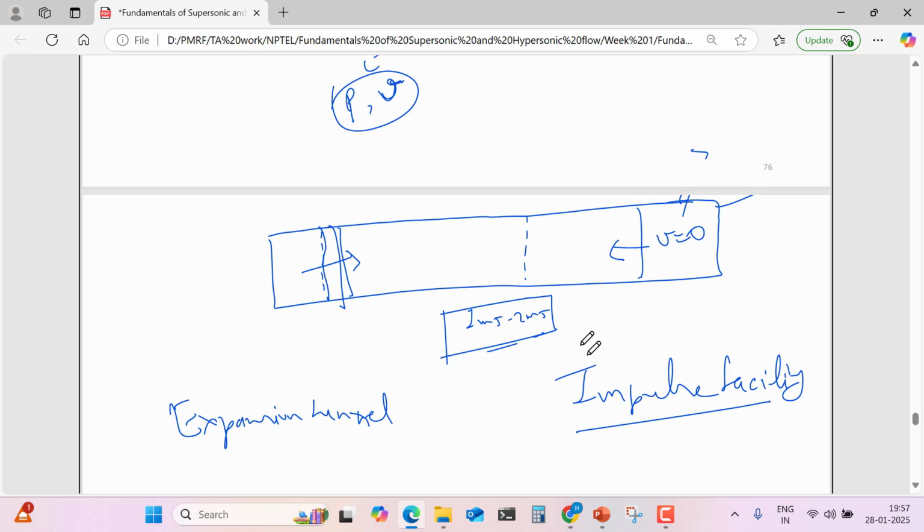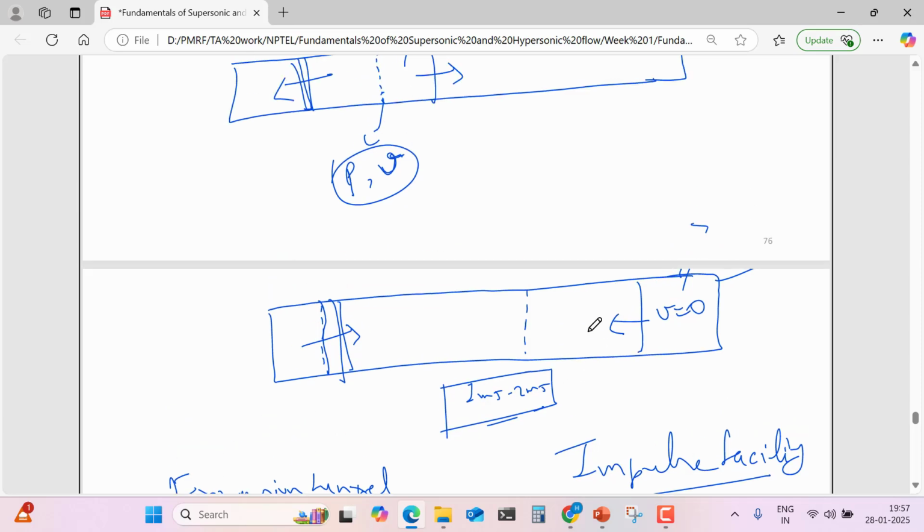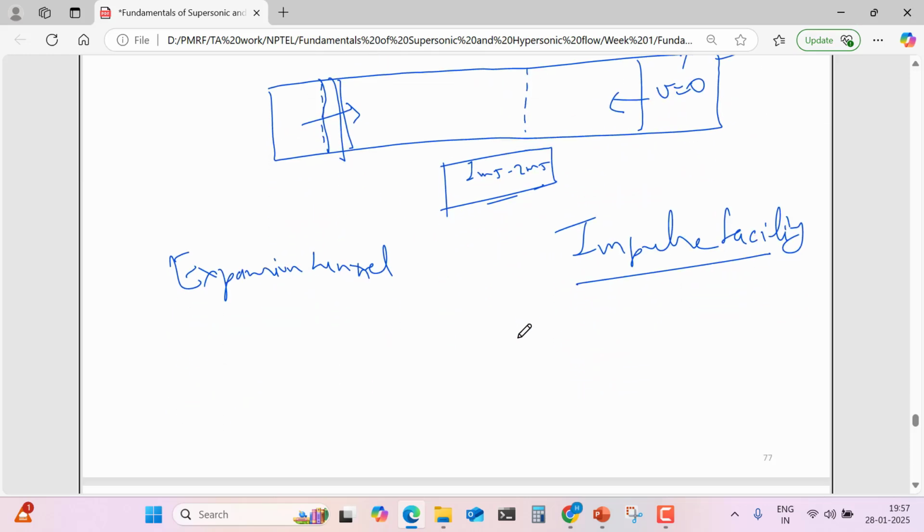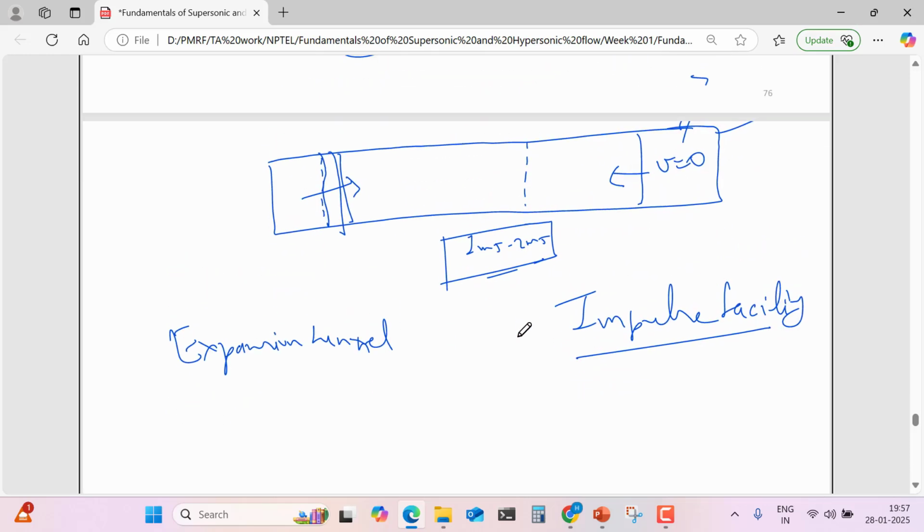So we use the impulse facility. The flow will last only some microseconds, and the facility can withstand that temperature for this short duration, and we get useful data using different sensors and flow visualization techniques like schlieren, shadowgraph, etc.